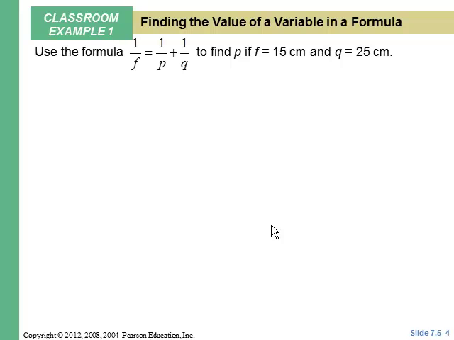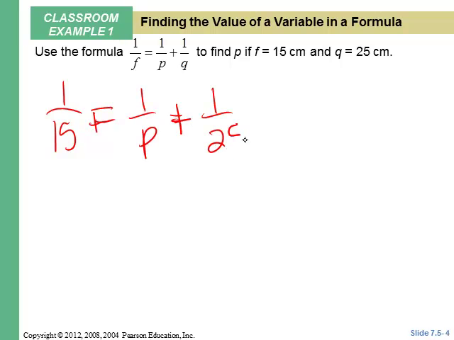Well, substitute in. So 1 over 15 equals 1 over p plus 1 over 25.